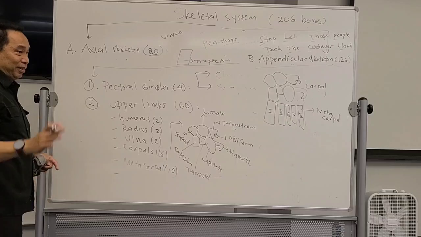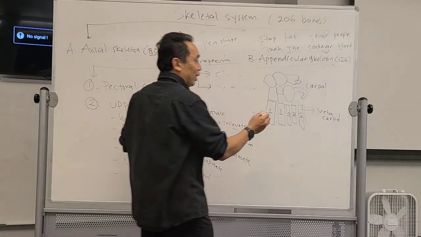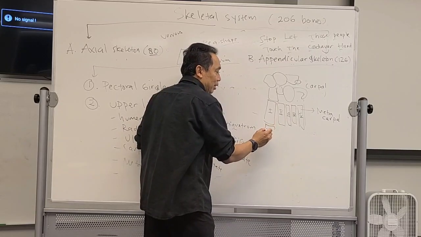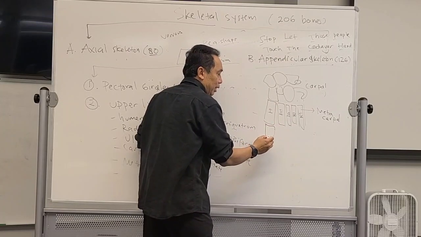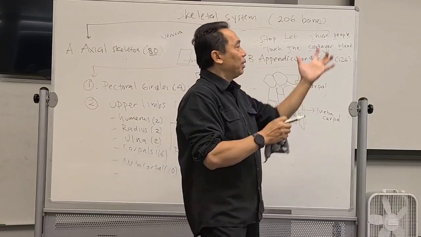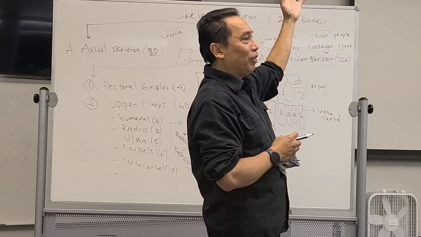Now, the last one for this upper limb bones. Over here. This is gonna be the thumb. Your thumb finger. How many bones in each of your fingers?